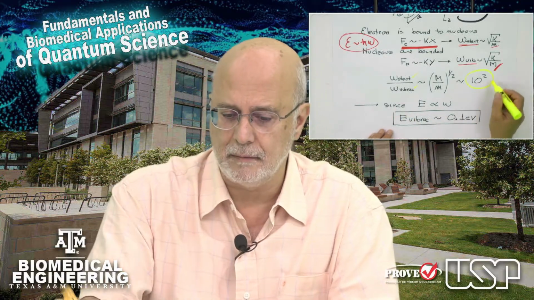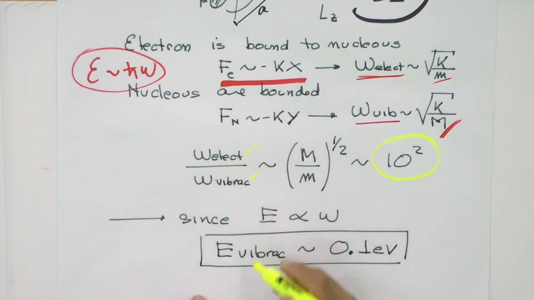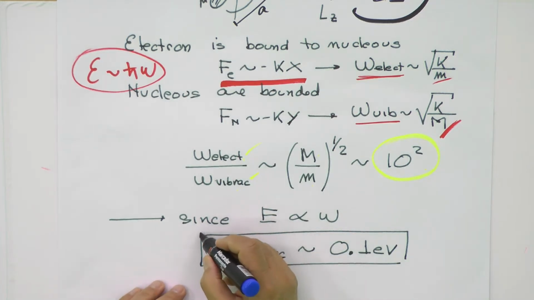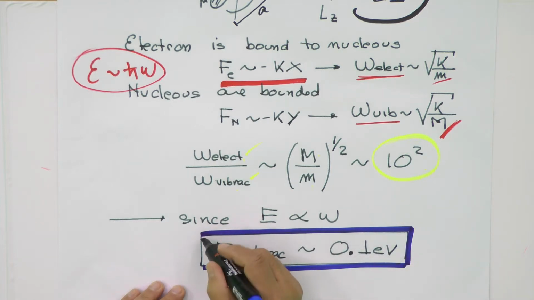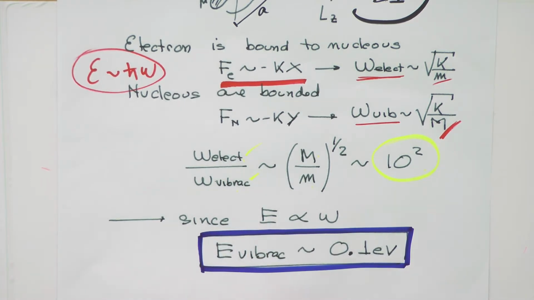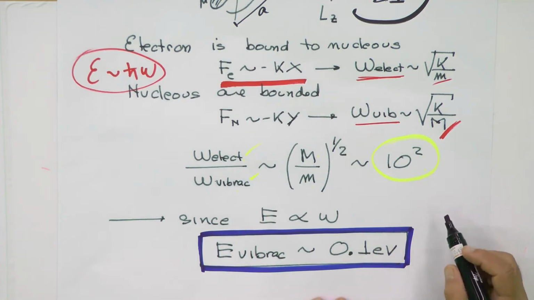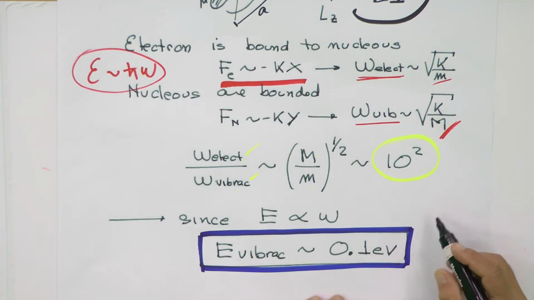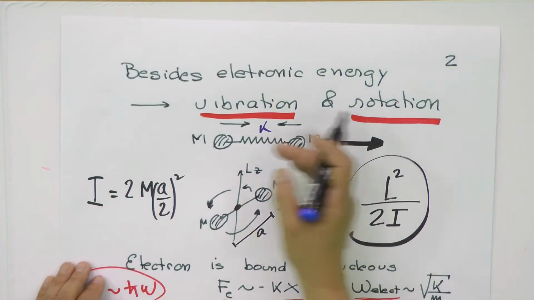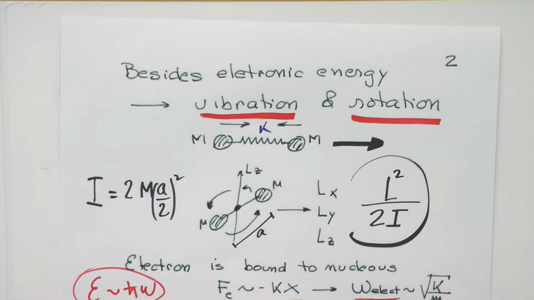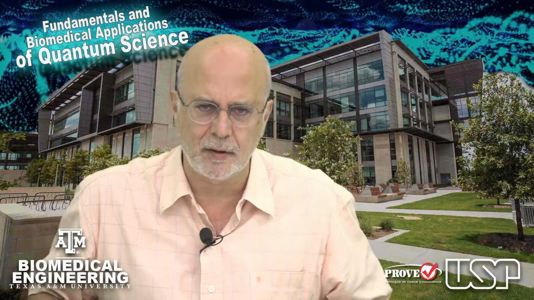And therefore, since we already evaluated the electronic energy, we can conclude that the energy contained in the vibration is basically 1/100th of the energy contained in the chemical bond, right? And this is about 0.1 electron volts. So that's the energy contained in the vibration. So the molecules want to vibrate, and of course they will be modified by the electrons too, and this is on the order of a fraction of an electron volt.